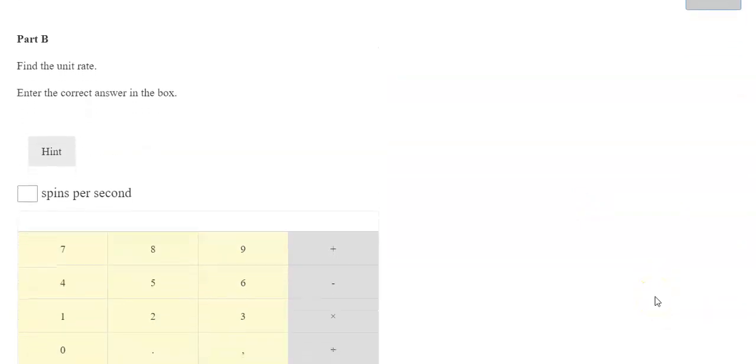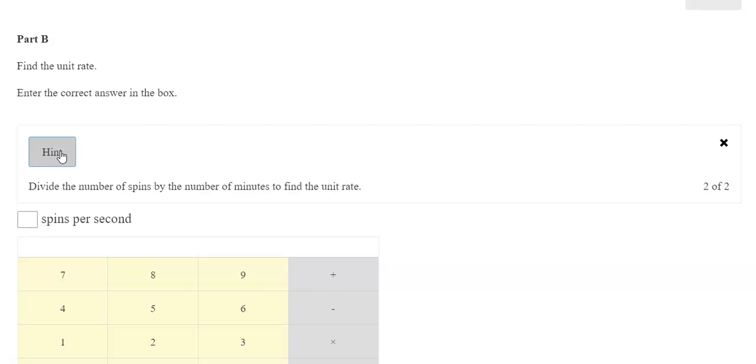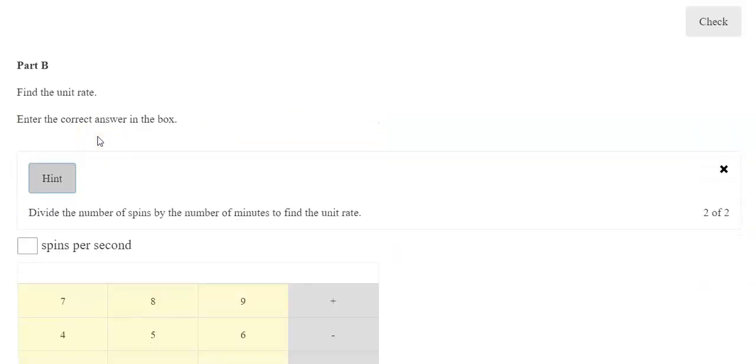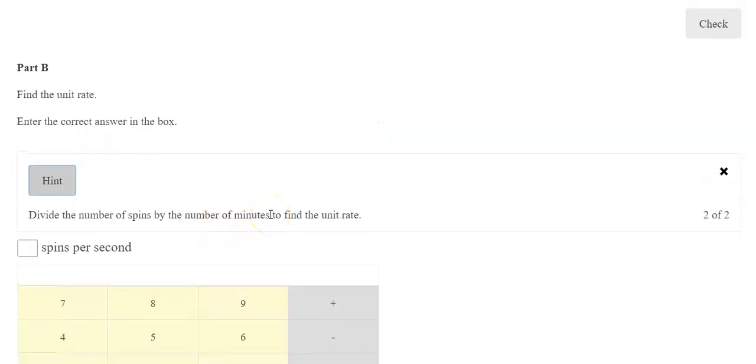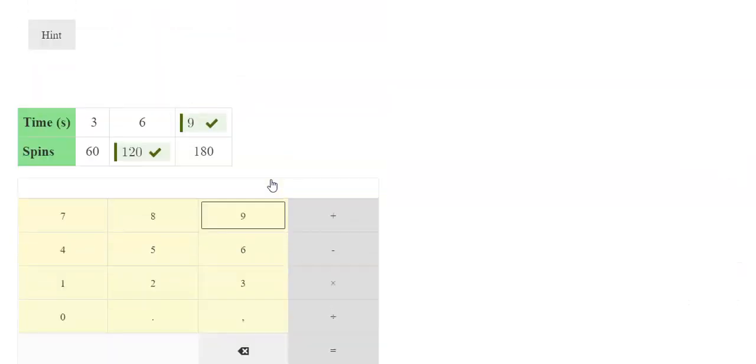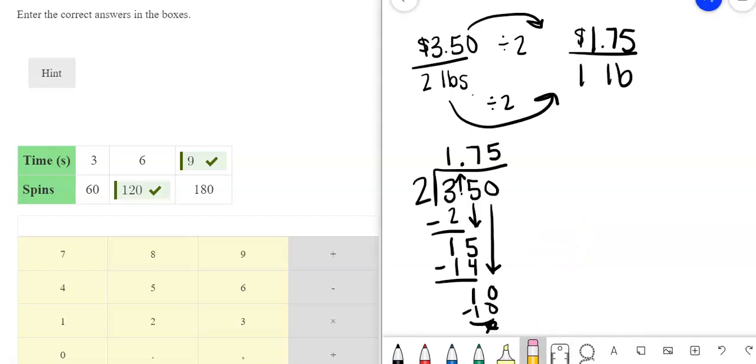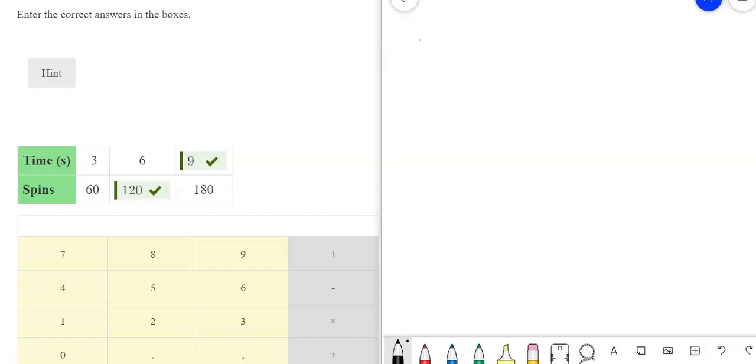Let's go down to part B. We're going to find the unit rate. So it gives us some hints here. Remember, we're going to divide the number of spins by the number of seconds. So I'm going to take my first one. So we're going to do 60 spins on top over 3 seconds.